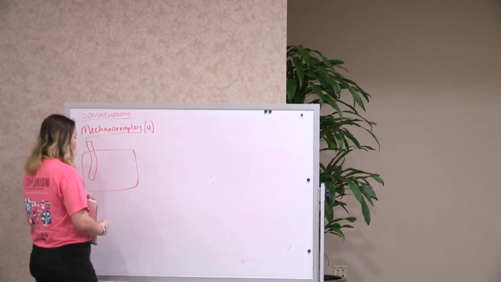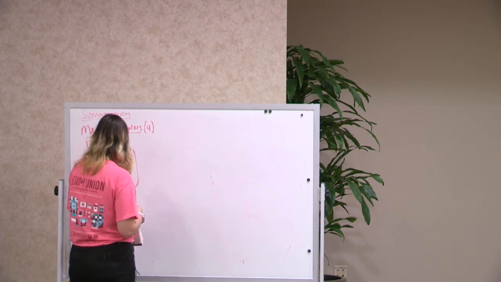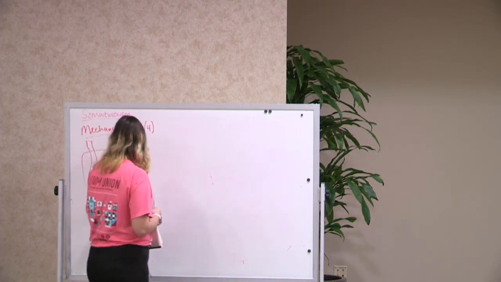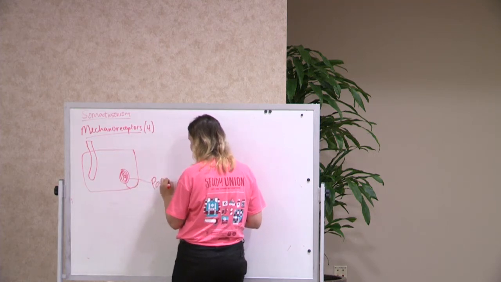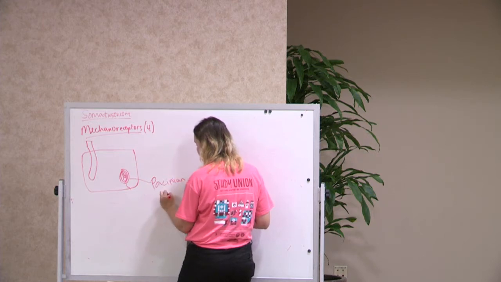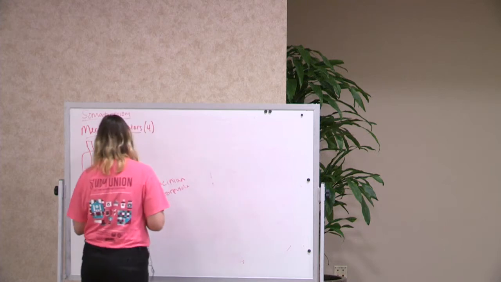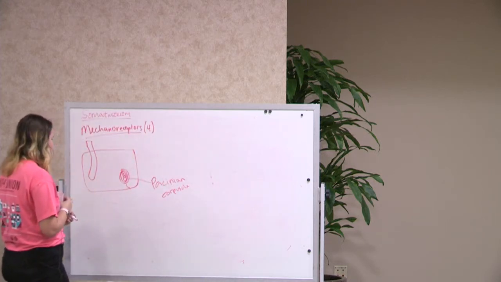Does that make sense? So the 2 that are on the bottom, the one looks like an onion, and that is called your Pacinian corpuscle. And on an exam, I had to know what these look like, so that's why I'm taking the time to draw them out.